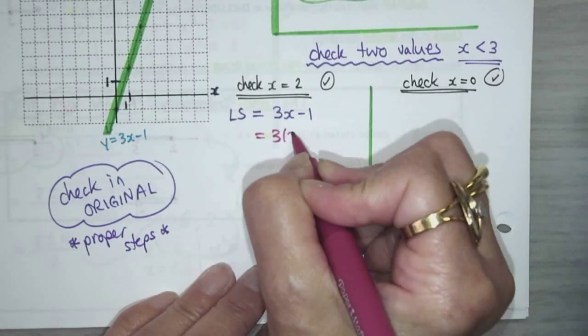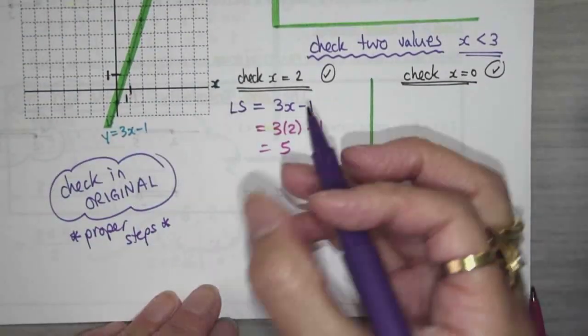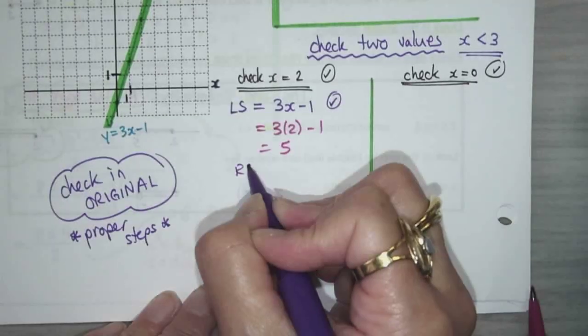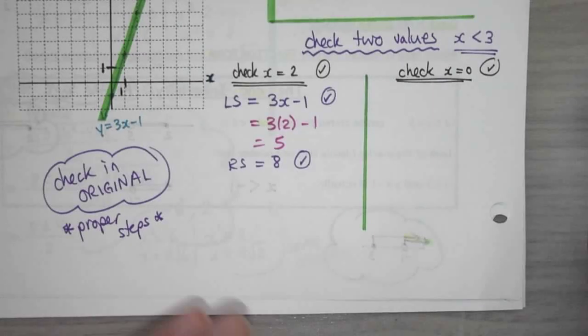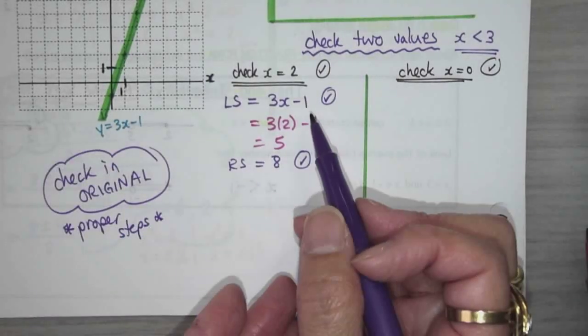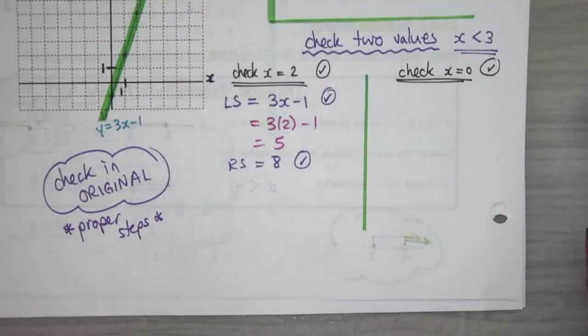So you go 3, sub in the 2, minus 1, 6 minus 1 is 5. My right side, so please state it. Tell me, my right side is actually just 8. So you're just telling me what I already know, but you're doing a formal, I found my left side, my right side was 8. You can say since the right side is 8 or whatever. I have nowhere to sub in, right? Now, what's my conclusion?